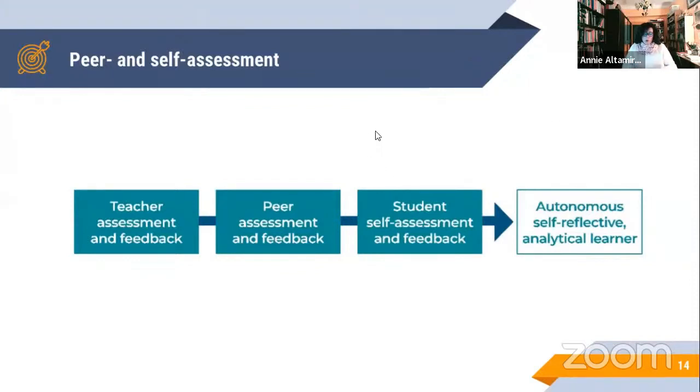Now, when we are using assessment for learning in the classroom, peer and self-assessment are effective approaches to enhancing the learning of the students. Explicitly teaching students how to assess their own work and the work of their peers has many benefits, because it promotes students' understanding of their own learning and also provides a critical analysis of their own efforts.